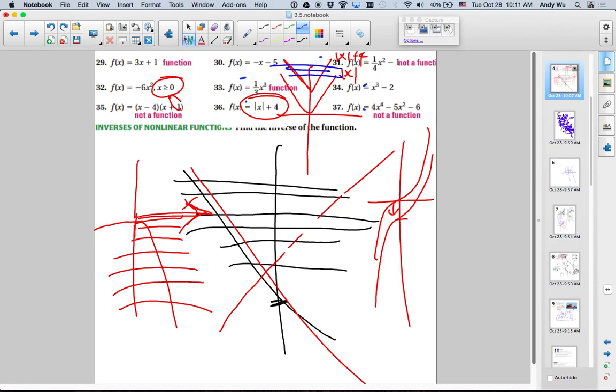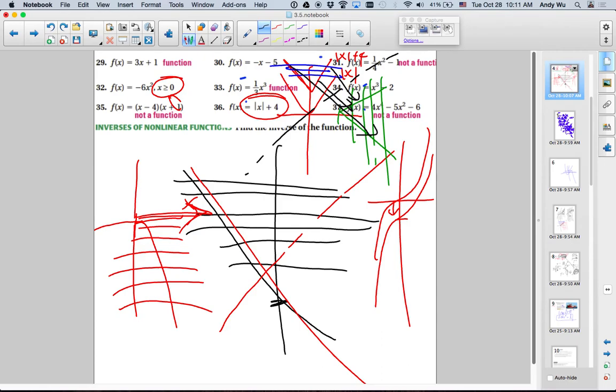It also means that the inverse graph will actually look like this, and the vertical line graph of the inverse looks just like the blue line. So it's not a function. And notice I drew this green line by flipping it over the 45-degree line.